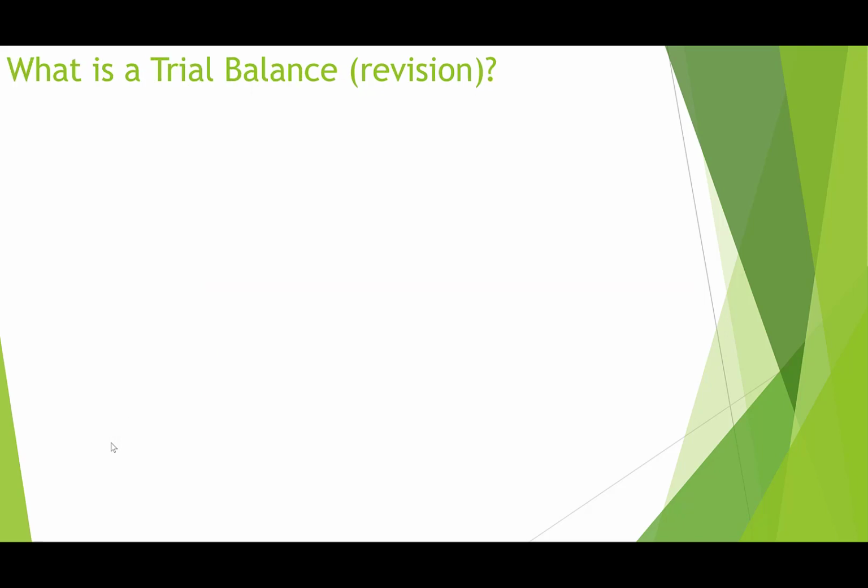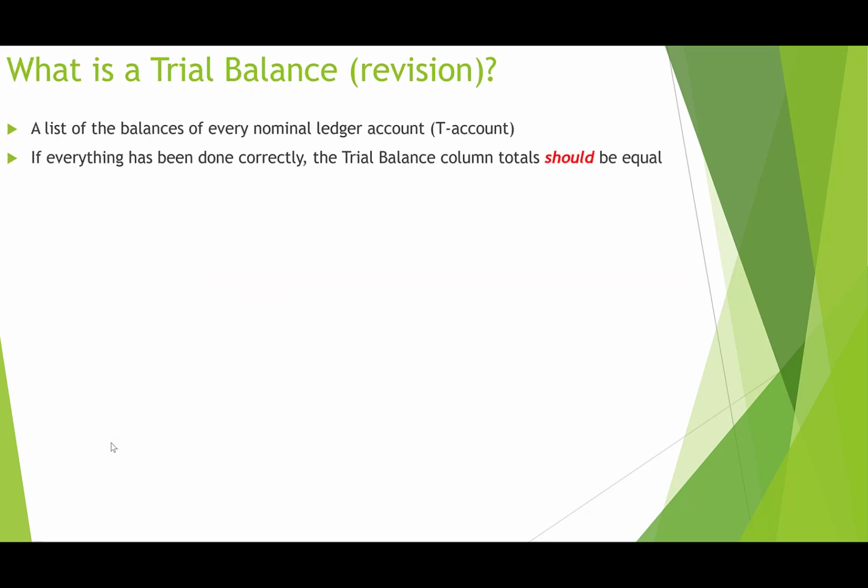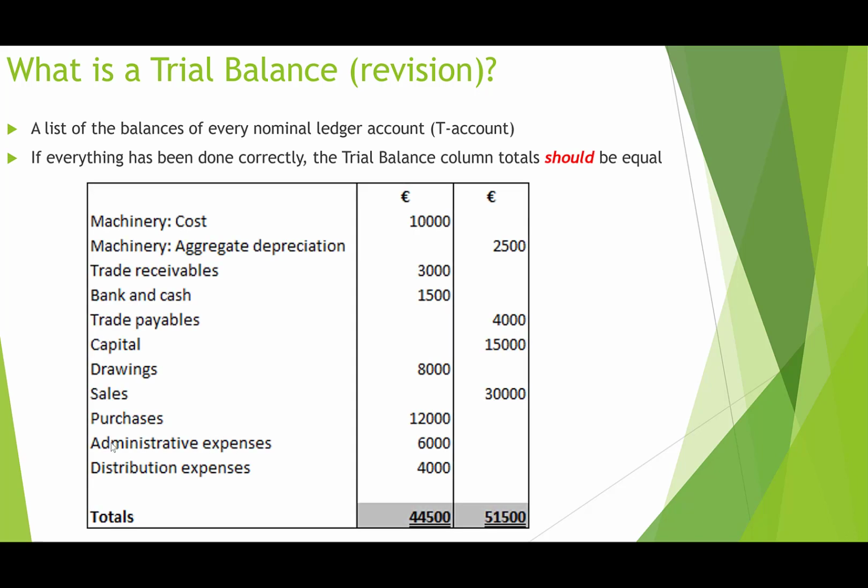Just to look at a trial balance, you should recall that this is the sort of thing a trial balance looks like. It's a list of all the ledgers. You've got your assets, your liabilities, capital and drawings, income items and expense items. And the balances are slotted into either the debit column or the credit column.